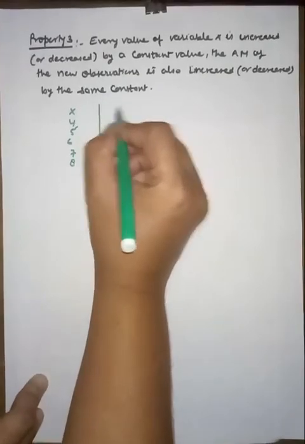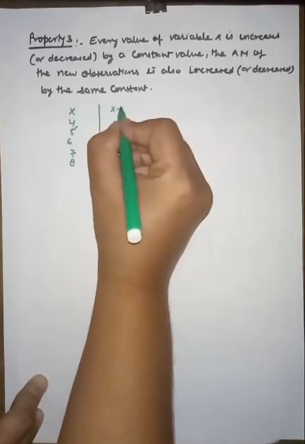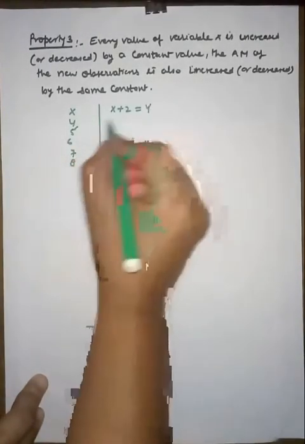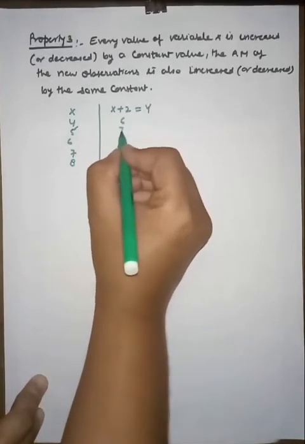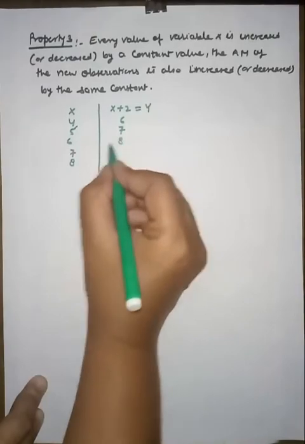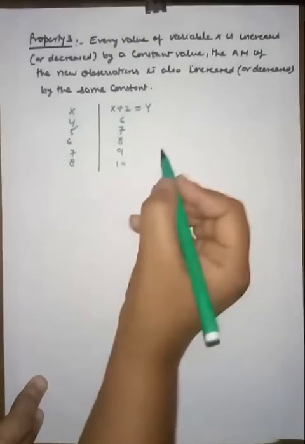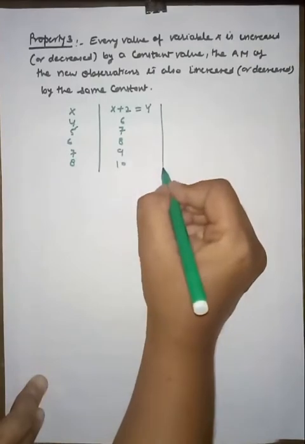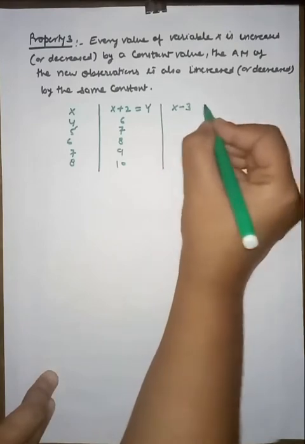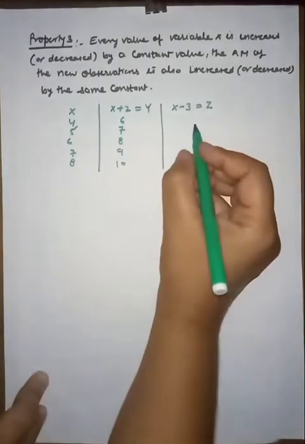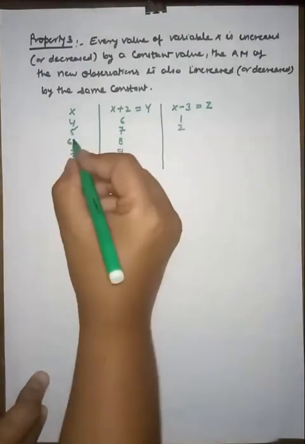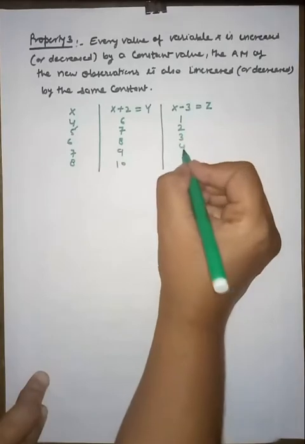So make another table x plus 2, and say y. So the values are 4 plus 2 is 6, 5 plus 2 is 7, 6 plus 2 is 8, 7 plus 2 is 9, 8 plus 2 is 10. Same here, I make another table, subtracted by 3, and this is called z. Now here 4 minus 3 is 1, 5 minus 3 is 2, 6 minus 3 is 3, 7 minus 3 is 4, 8 minus 3 is 5, right?